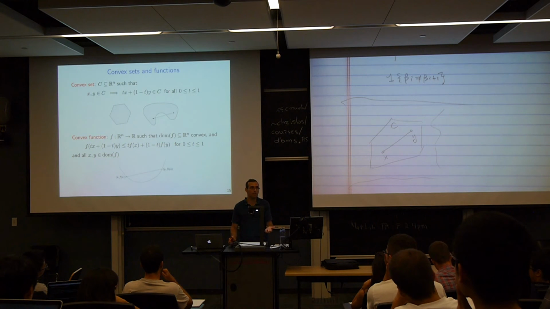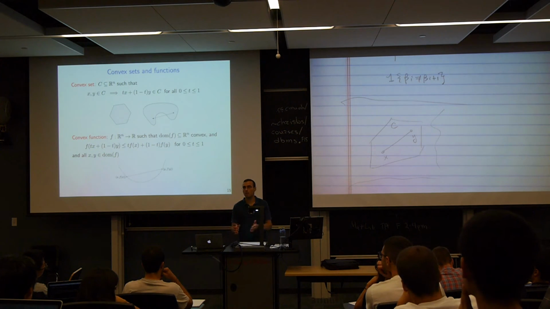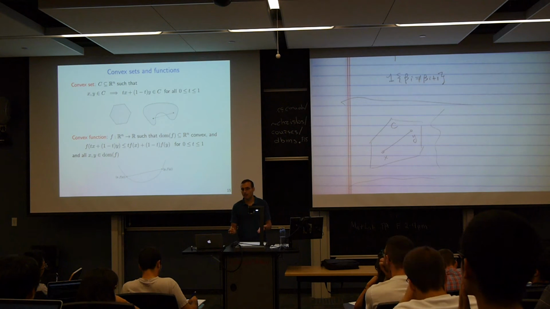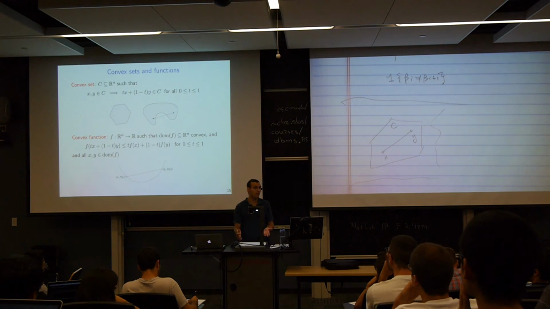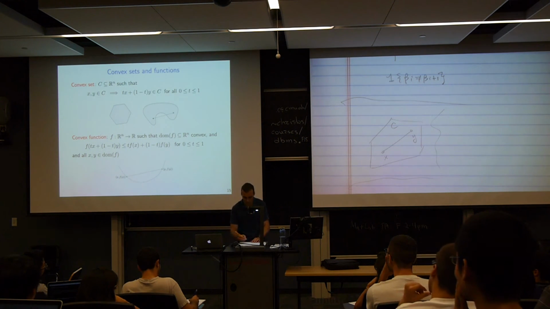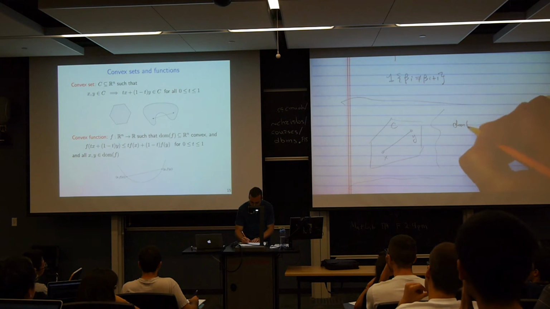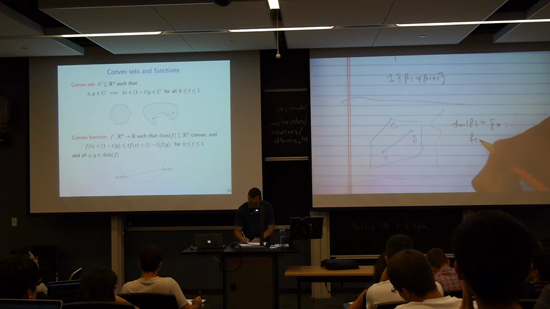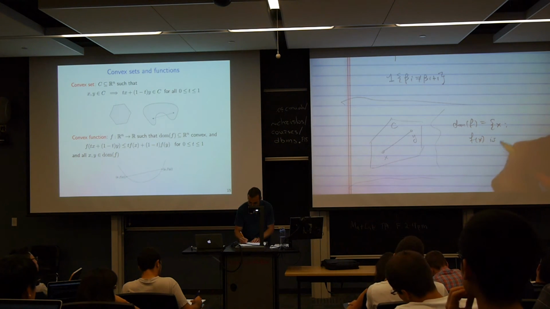So for example, the domain of log is all the strictly positive real numbers, because it's not defined when its argument is less than or equal to 0. Okay, so for a function to be convex, we require that its domain is a convex set. Its domain is going to be a subset of R^n, right? The domain is the set of all x such that f(x) is defined and finite.